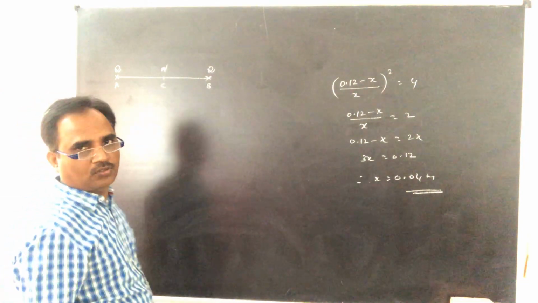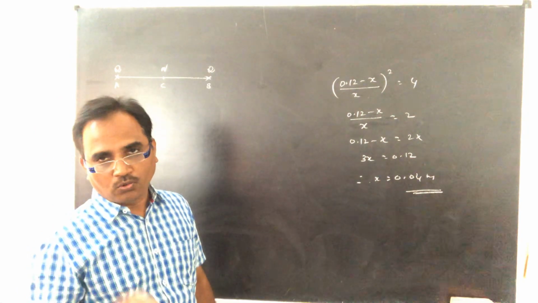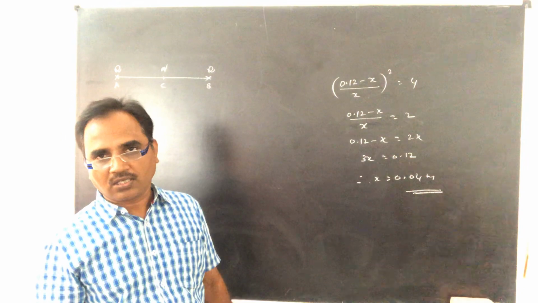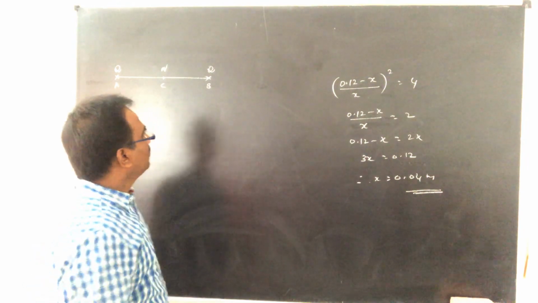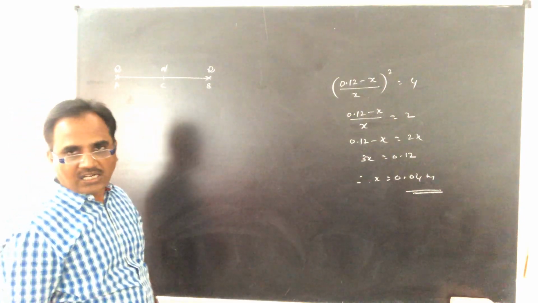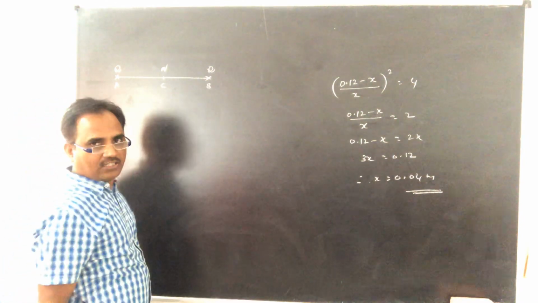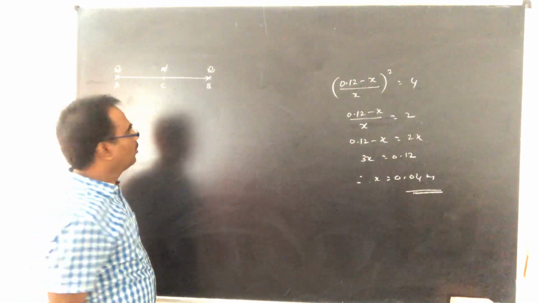This is the problem. This problem was asked in the CET examination twice. In 2 different years, the same problem was asked. So if the system is to be in equilibrium, the resultant force on any one charge due to other charges must be 0.